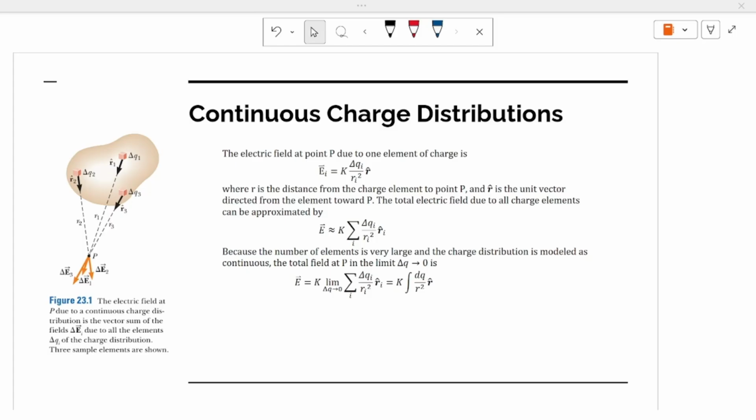And while you can't really just say you have a bunch of discrete charges anymore, so what do we do? We take a teeny bit of our blob, a teeny bit of volume, and we say, well, this volume is going to have a teeny bit of charge. And we call that charge delta Q. And now all of a sudden our summation expression works again because we have multiple charges, different distances from our point.